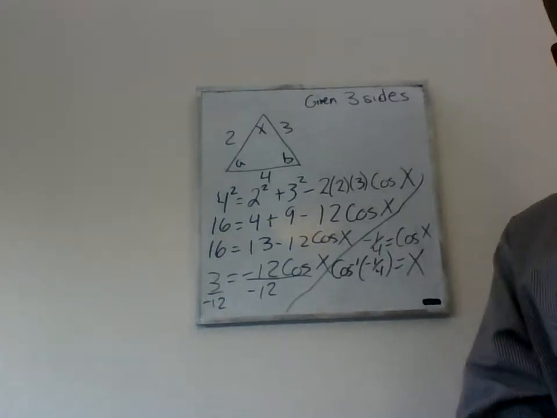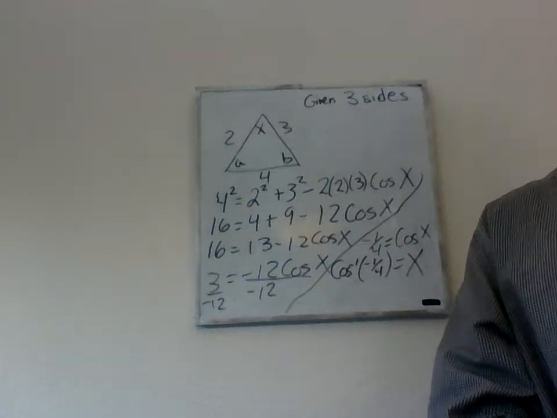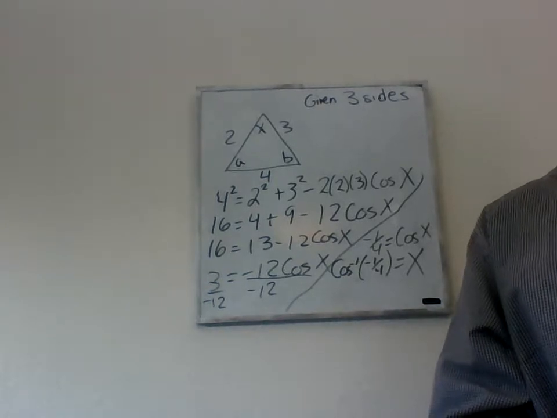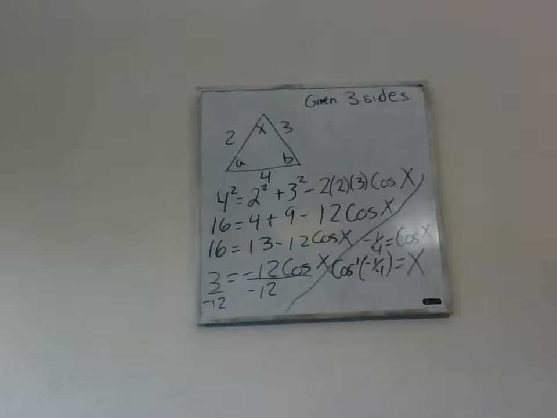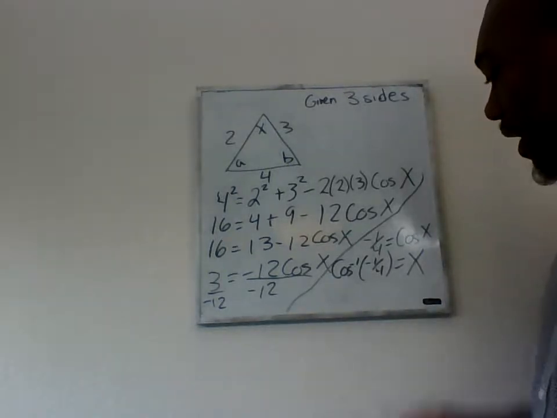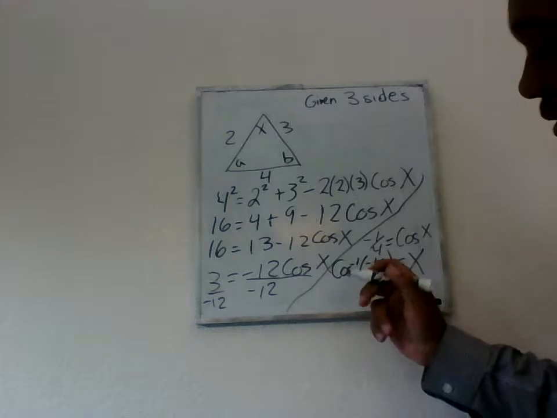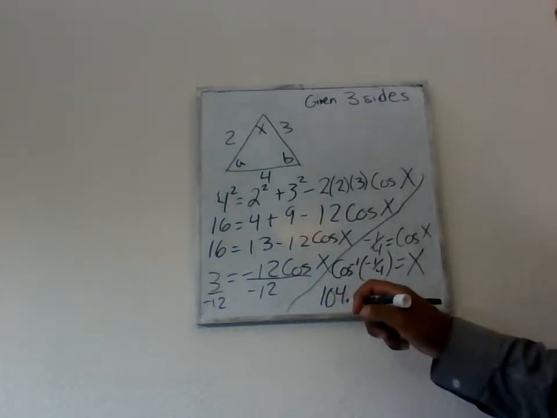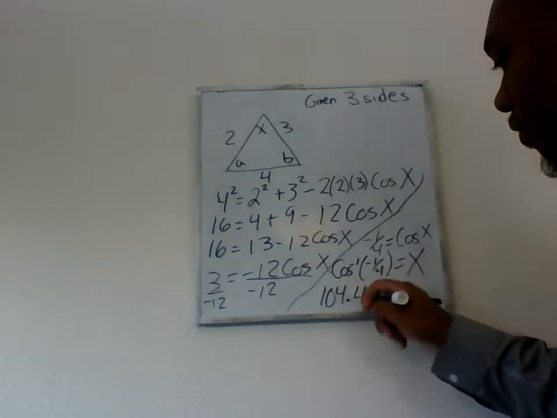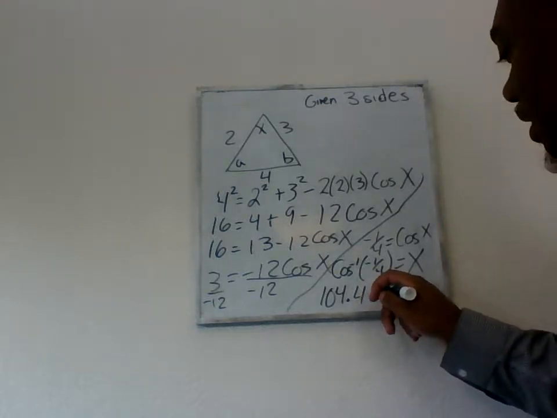So let's see what we get when we take the inverse cosine of negative 1 divided by 4. What we end up getting here is that angle X is approximately 104.48 degrees.